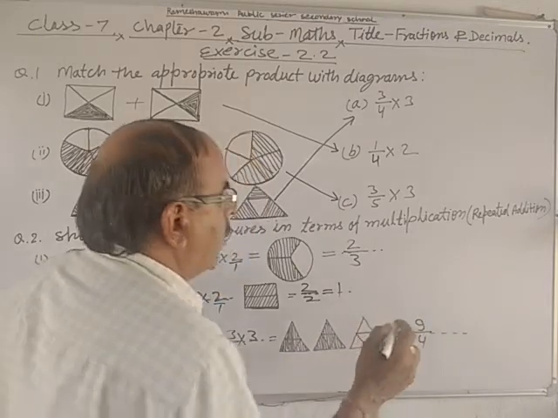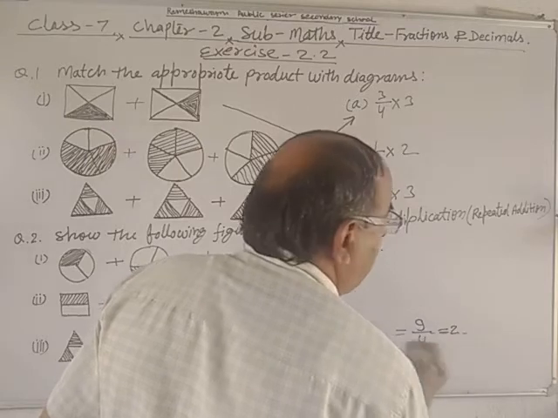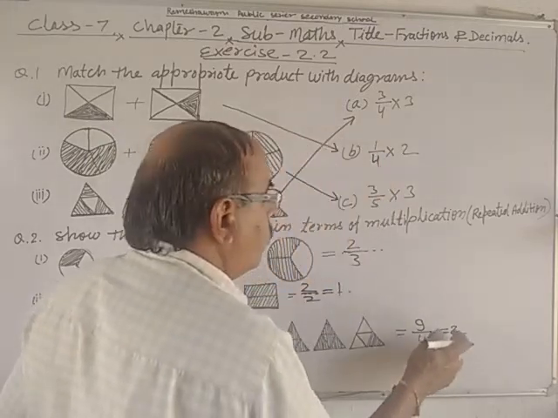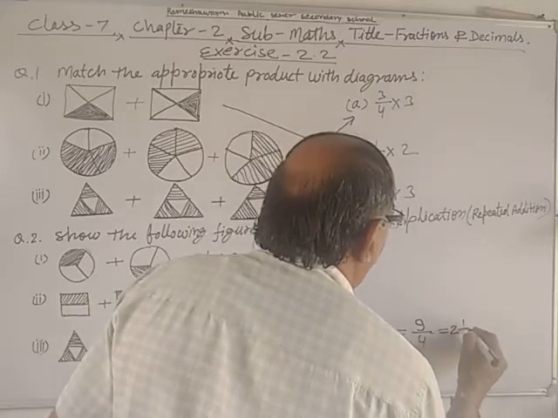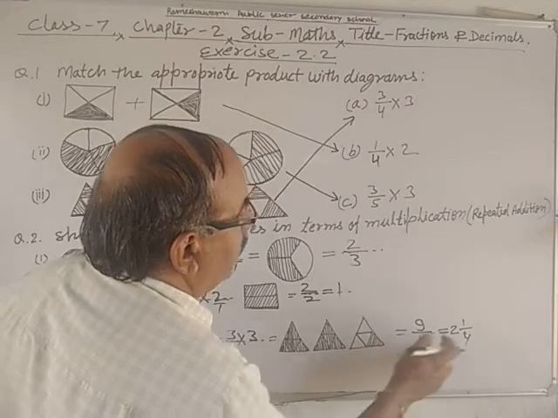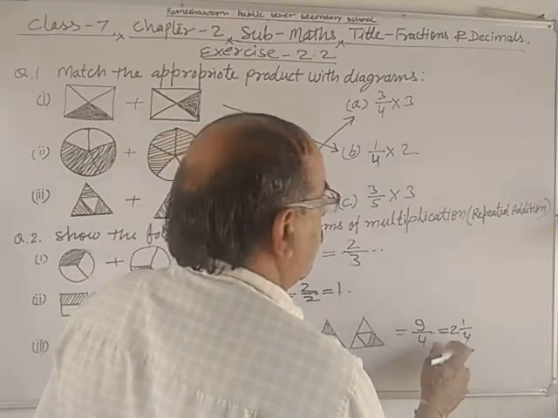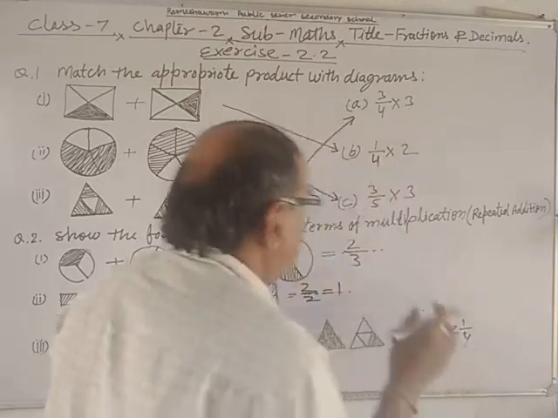It means 4 twos are 8. 2 is the complete number and the remaining is 1 upon 4. 2 is complete and 1 upon 4 is the fraction. So the answer is 2 and 1/4.